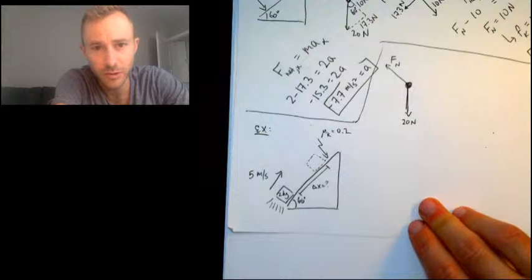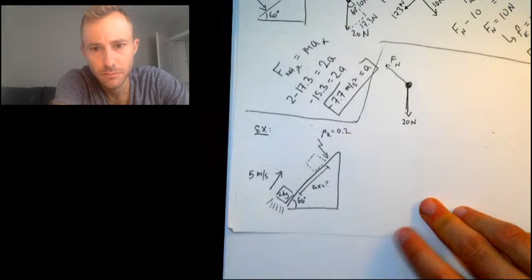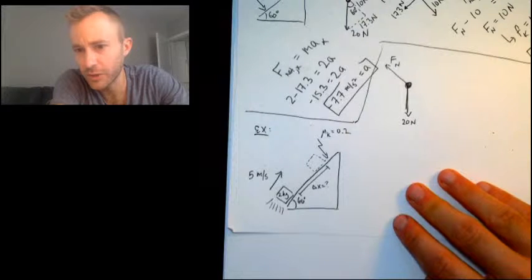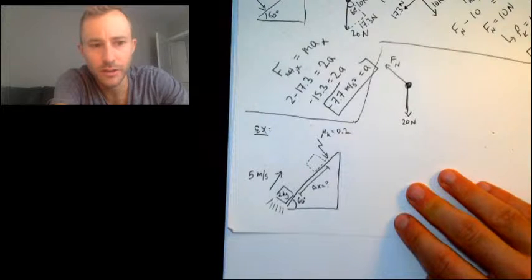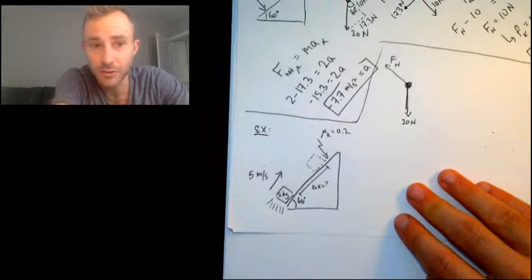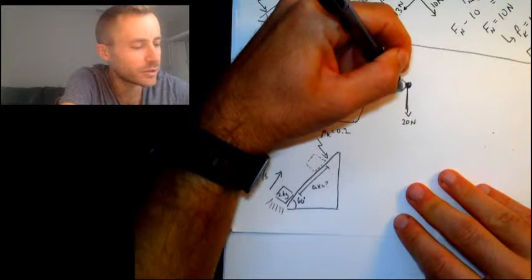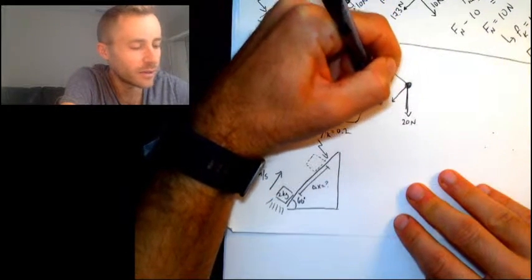It's very similar to the previous problem, but there's one slight difference in our free body diagram. Yes, very good. Friction is pointing in the opposite direction. Friction is an oppositional force. It resists the motion, so if you're sliding up the incline, friction is now down the incline.